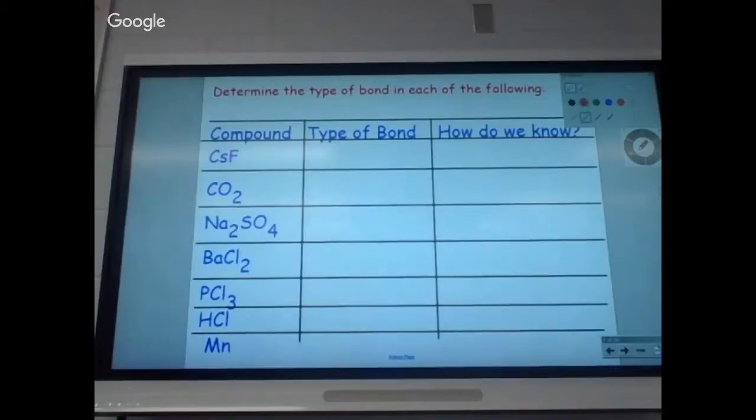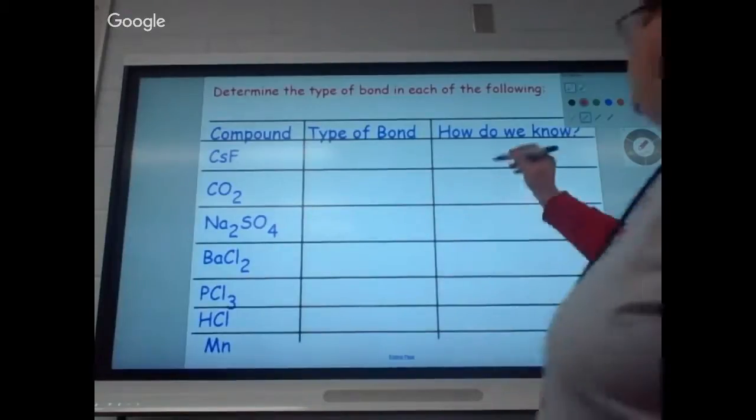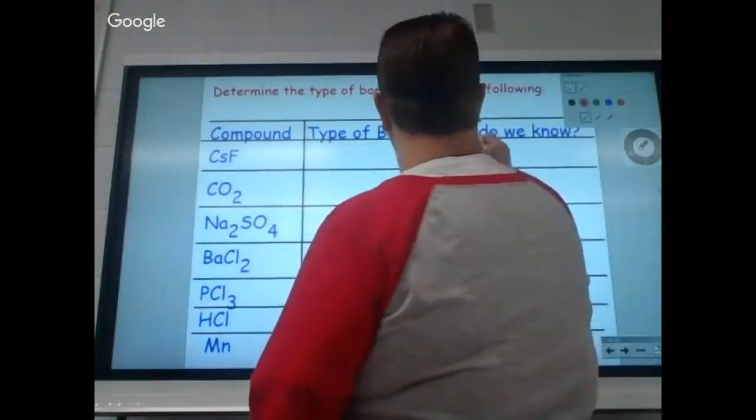So if you look up Cs, which is number 55, what side of the periodic table is it on? It's on the left. It's a metal.